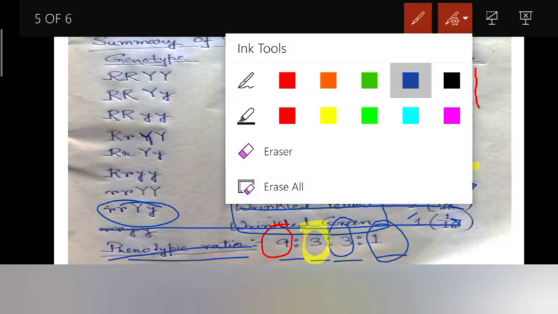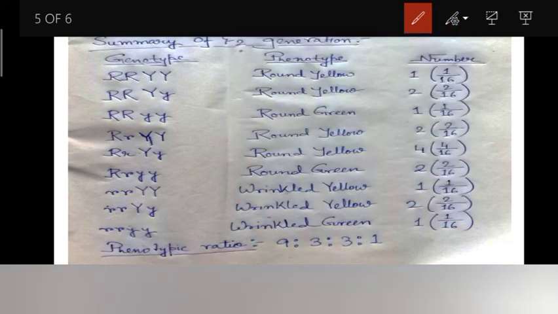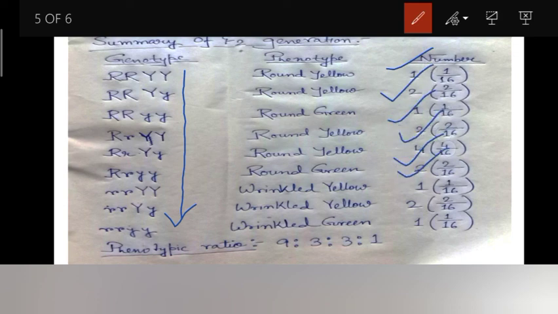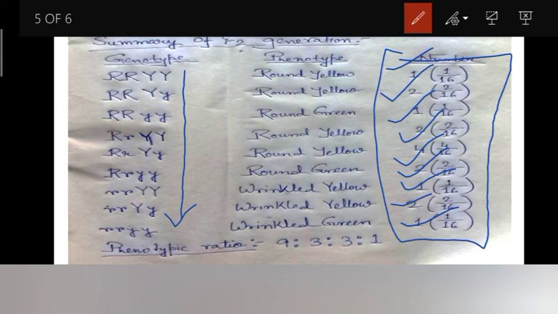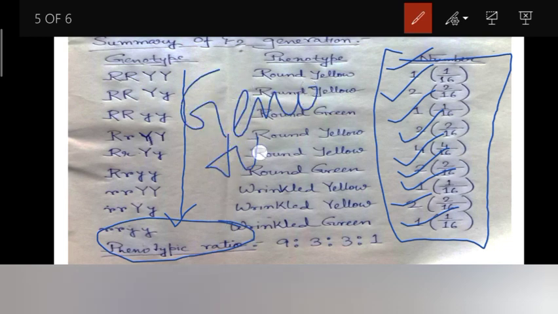Clear? Like that. So genotypic ratio is 1:2:1:2:4:2:1:2:1. These numbers are the genotypic ratio. So here is the phenotypic ratio, and this one is the genotypic ratio.